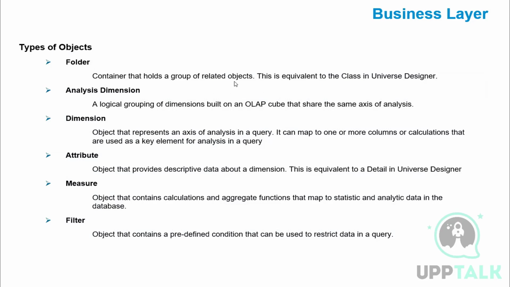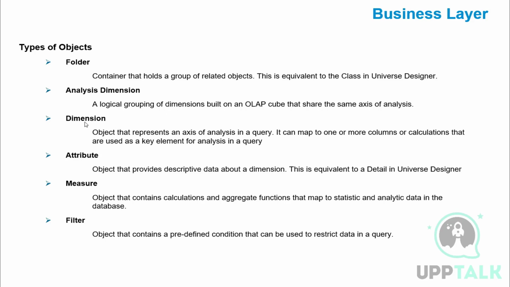So this is a grouping of related objects. Similarly, we have other folders like product, under which we have all the objects related to product, like product ID, product code, product description. In a similar way we will create the others. So folder is that one.